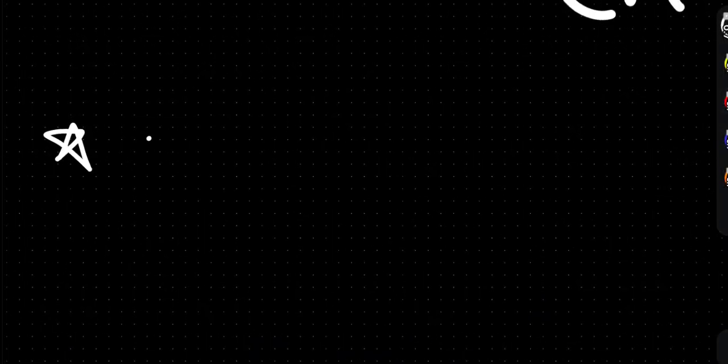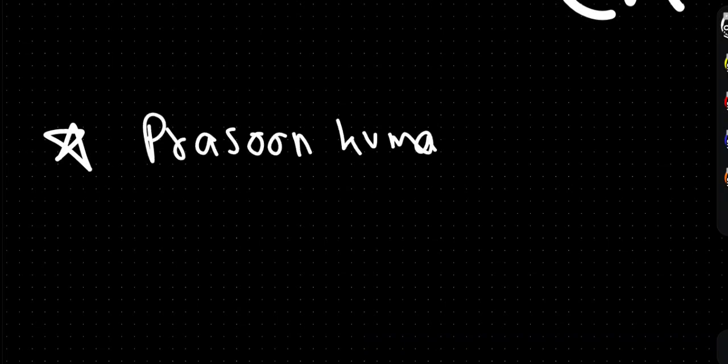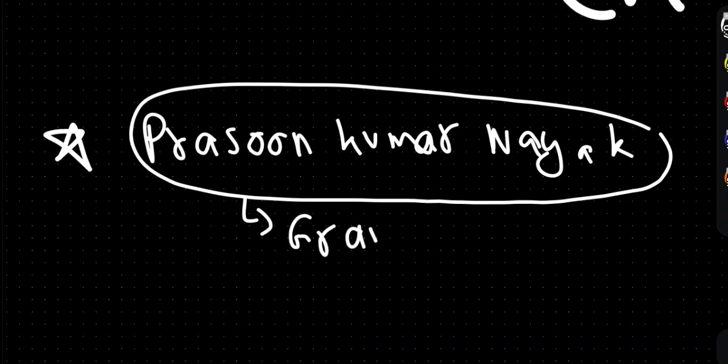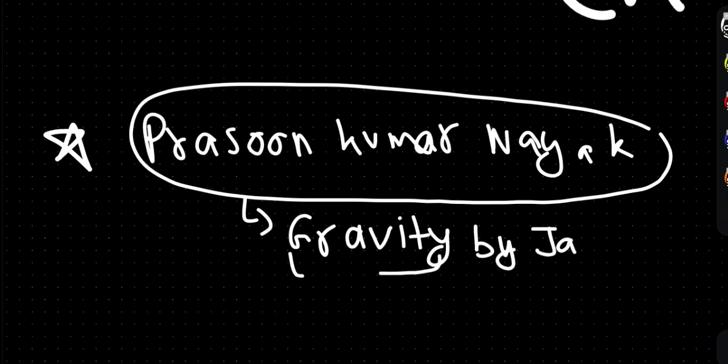So at last I'm going to recommend a book again. If you are studying something mathematical, differential geometry and all, as I have recommended all the time, read Prasoon Kumar Nayak, or you can find any general relativity book. I'm pretty sure the mathematics sections will also be discussed in that book. I guess you can choose the gravity book by James Hartle, yes, by James Hartle, or you can choose Our World.